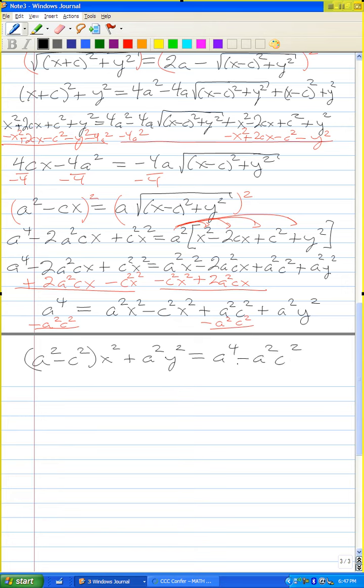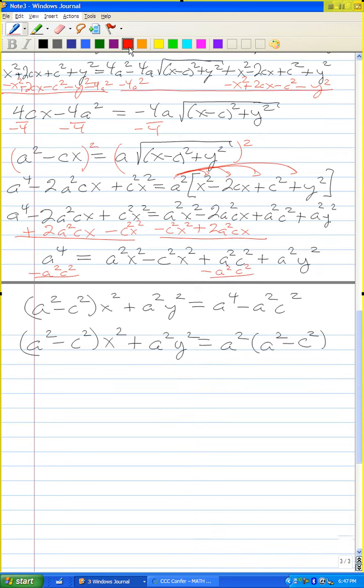Let's factor out a squared. So I have (a squared minus c squared) x squared plus a squared y squared equals a squared times (a squared minus c squared). Divide both sides of my equation by a squared minus c squared.